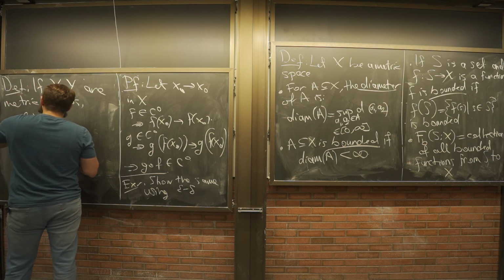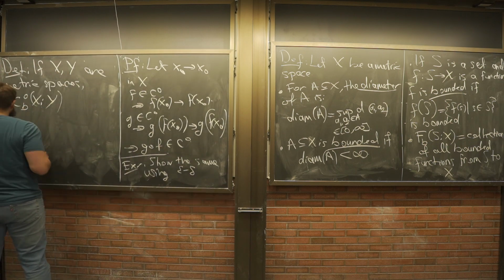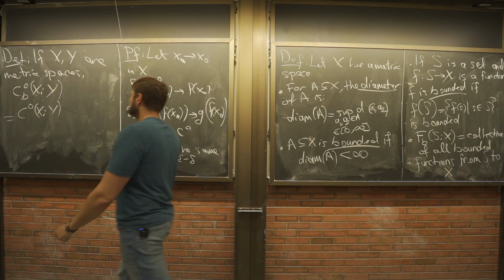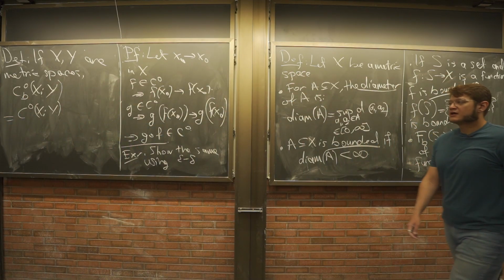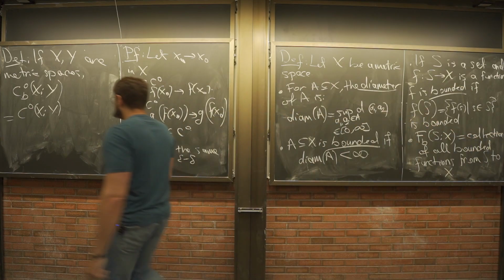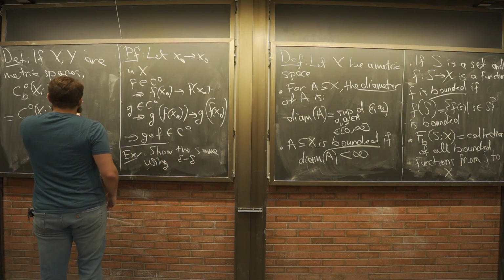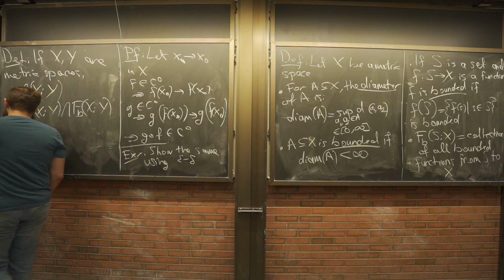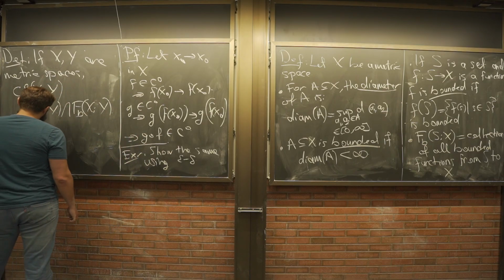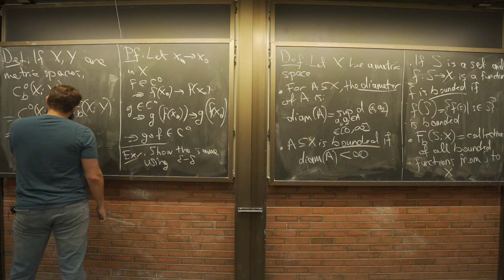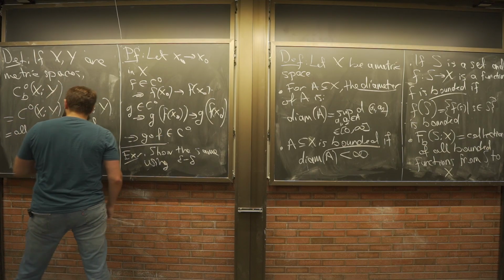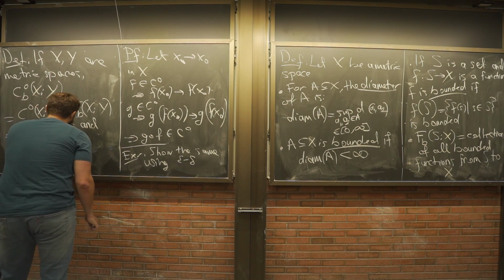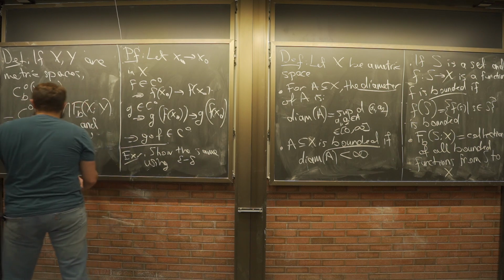C0b(X, Y) is C0(X, Y), that's the collection of all continuous functions from X to Y, intersection F_b, from X to Y.